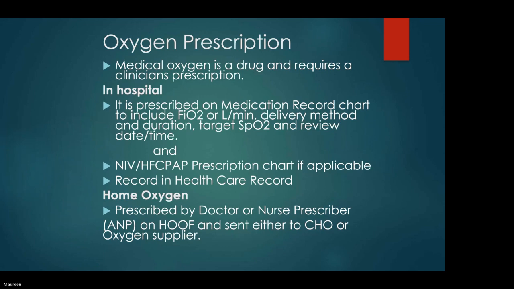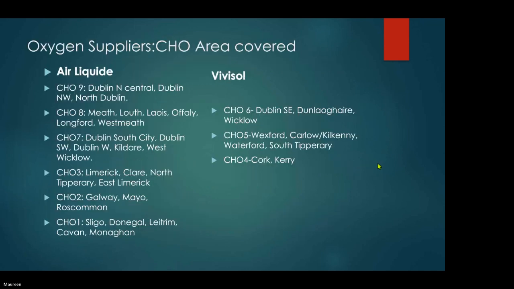So the next slide is an indication of the oxygen suppliers and the areas that they cover in the CHO. So there's two companies, and I'm not going to dwell on the areas that they covered because you'll be able to see that in the slide, but there's basically two companies covering the geographical area of Ireland. One is called Air Liquide, who were already in existence in Ireland, but the difference to them now is they never used to offer the provision of liquid oxygen systems, and they do that now.